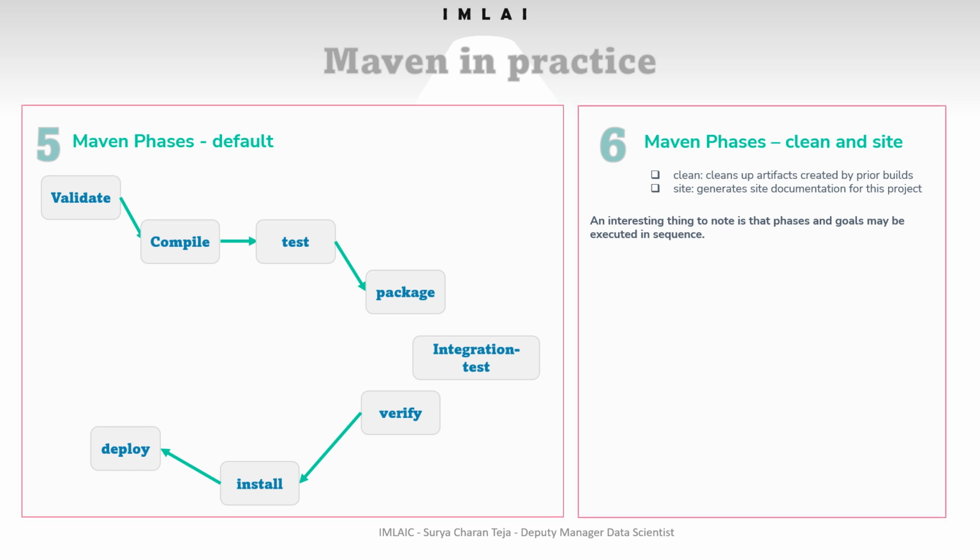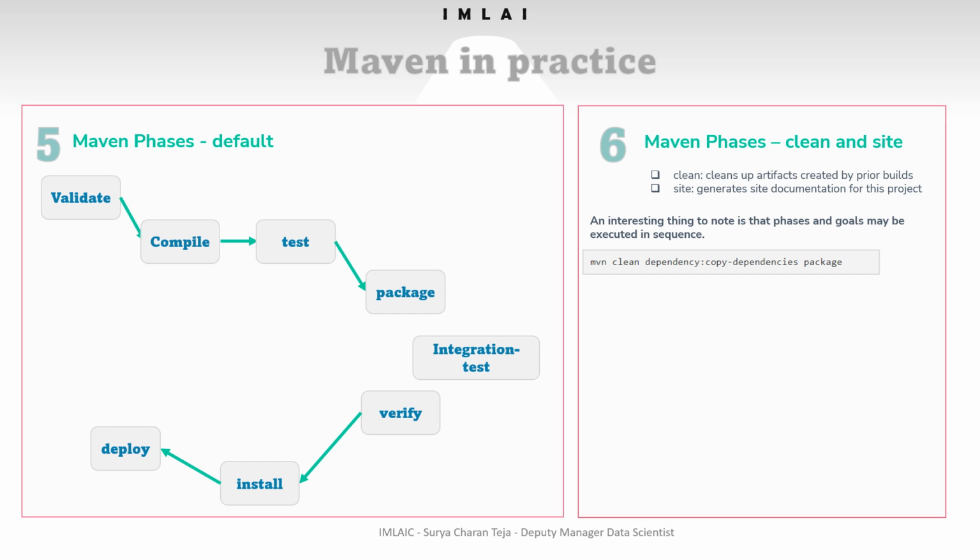An interesting thing to note is that phases and goals may be executed in sequence. So mvn clean dependency:copy-dependencies package, this command will clean the project, and after that cleaning it copies the dependencies and packages the project, so executing all phases up to package of course.